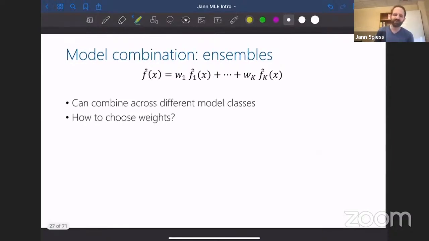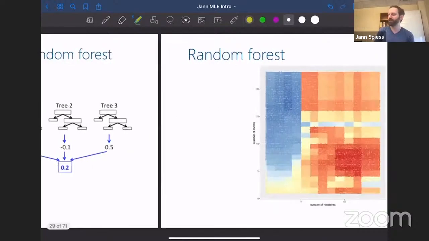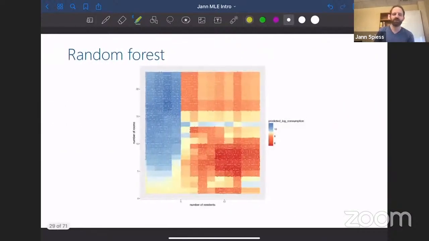A few specific examples of ensembles that you may have heard of are bagging, where I repeatedly take bootstrap samples from the original data, build models, and then average those models. The most prominent example of that is the random forest, where I repeatedly take samples of the original data, construct simple decision trees on those, and then average the predictions of many decision trees, which turns out to be a super powerful general prediction method.